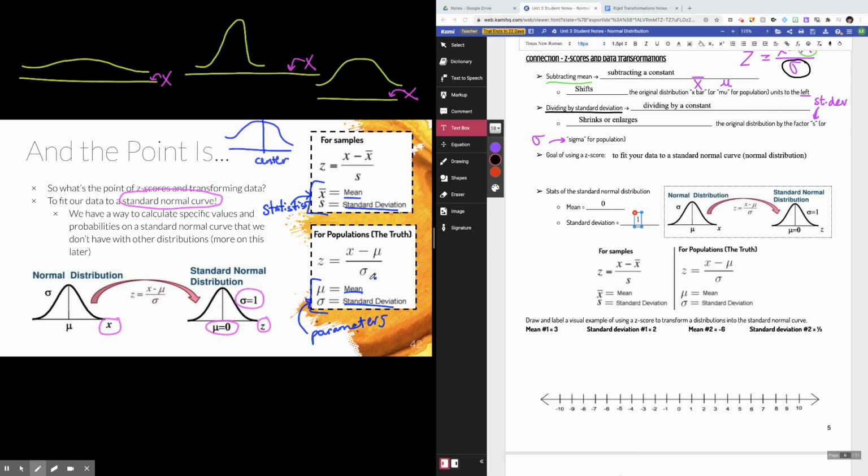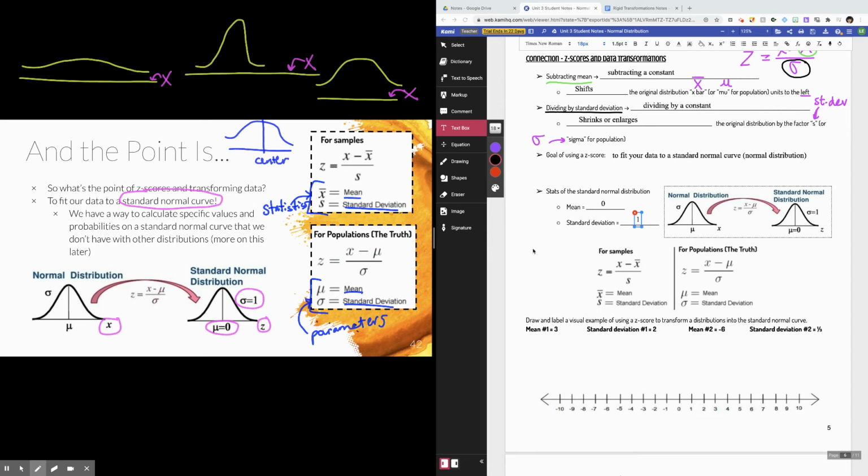That's why we take samples, as long as you do them well and you've followed all of your rules for experiments and conducted your experiment well. Then you can take the sample data, which is much easier to obtain, and extrapolate it and make inferences about the true population values.